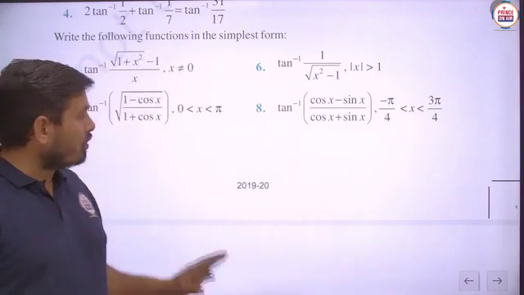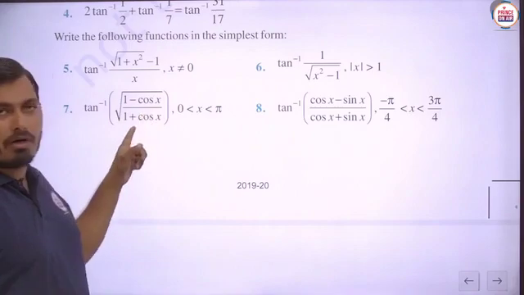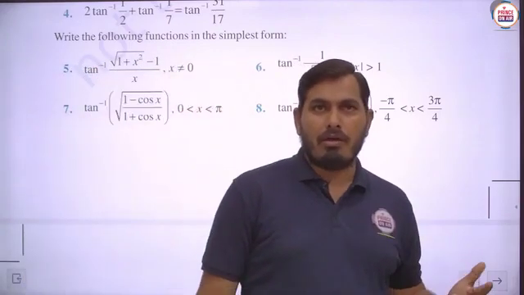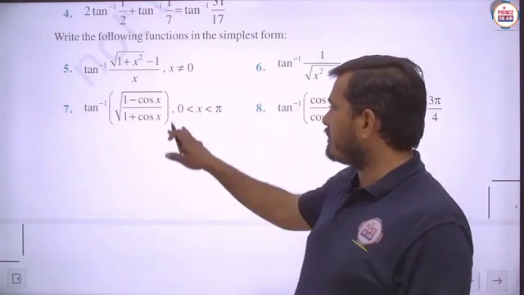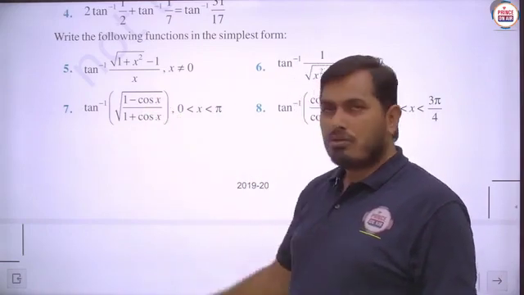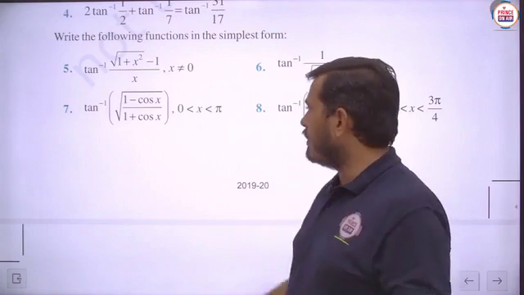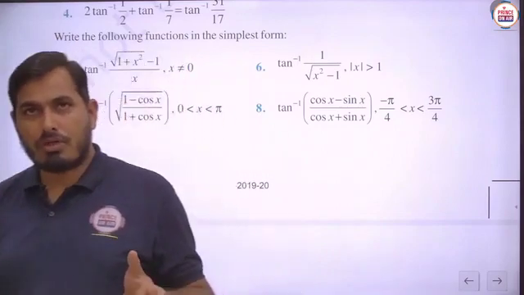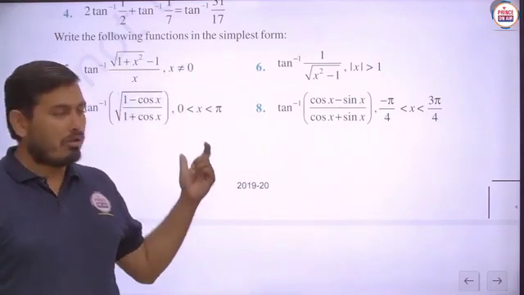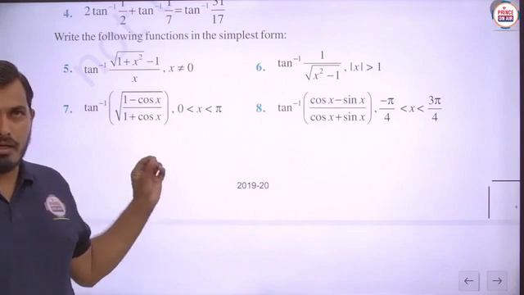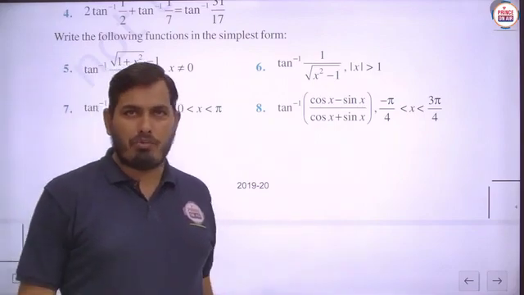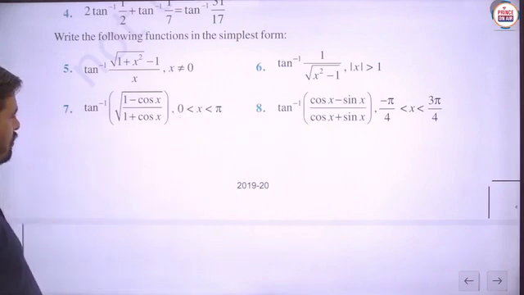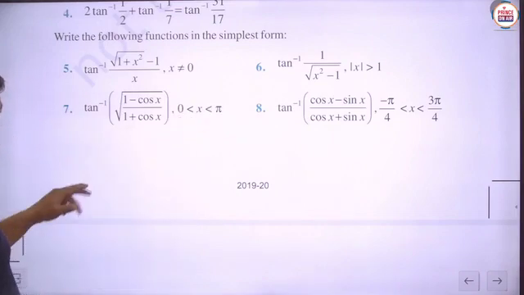Is it clear? There is no requirement of extra effort, meaning what type of substitution and what trigonometric function is to be used, because here in this question the direct trigonometric function appears in the input section. So we have to just concentrate on the formula, and where x is from 0 to pi, no problem.